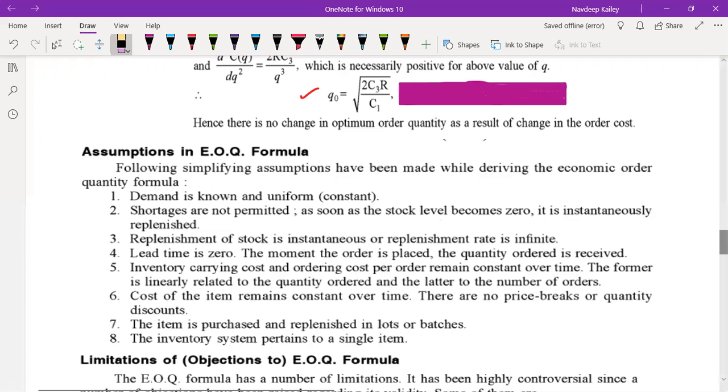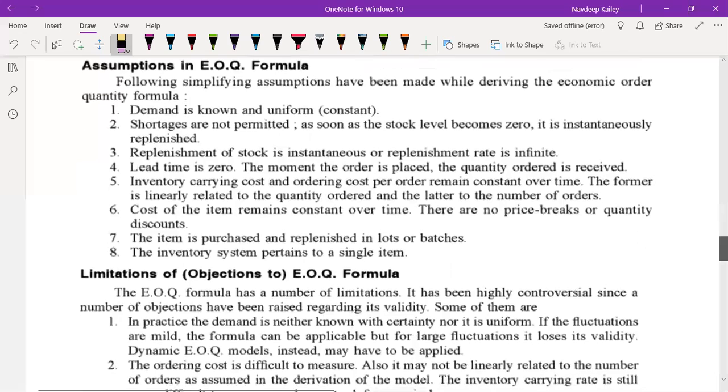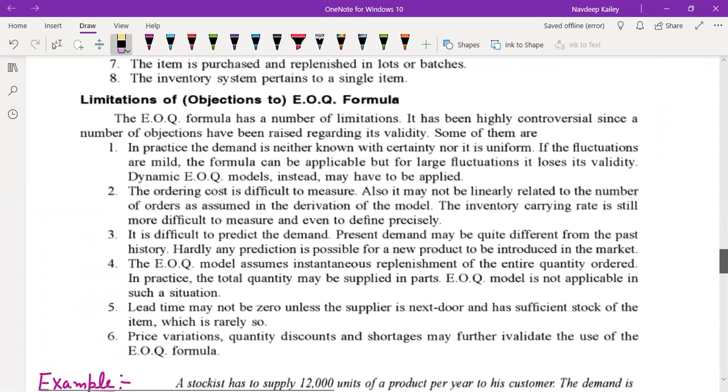Now, there are some limitations to this model. What are they? In practice, demand is neither known with certainty nor uniform. If the fluctuations are mild, the formula can be applicable, but for large fluctuations, it loses its validity.